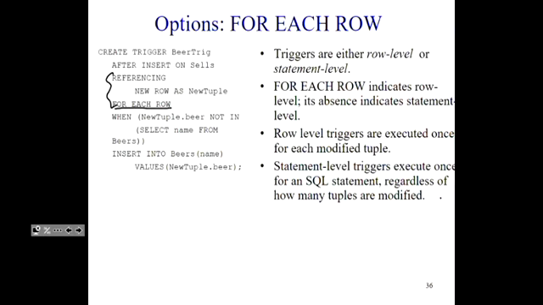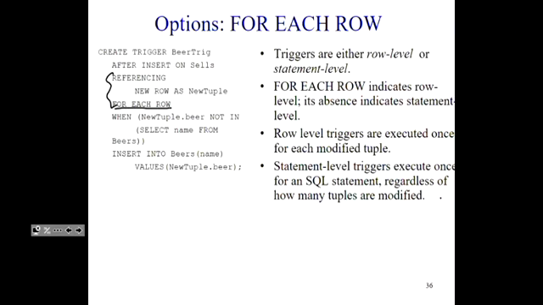Now, the for each row construct basically says, for each of the things that you're modifying, do some action. If you don't have the for each row construct, then it means that you're treating the entire set of modifications as one set of tuples and you apply an action for that one set once. Okay, so once again, the for each row basically is a row level trigger.